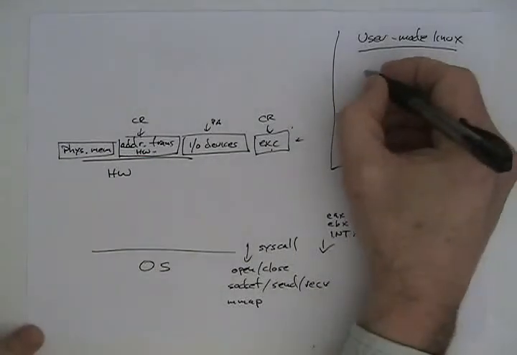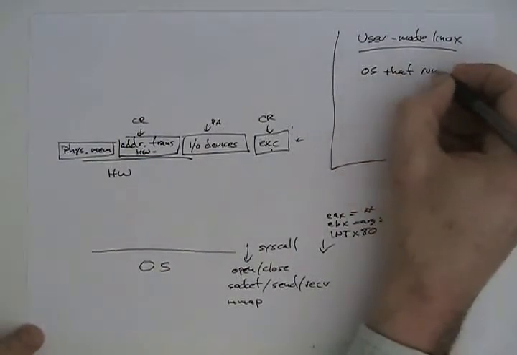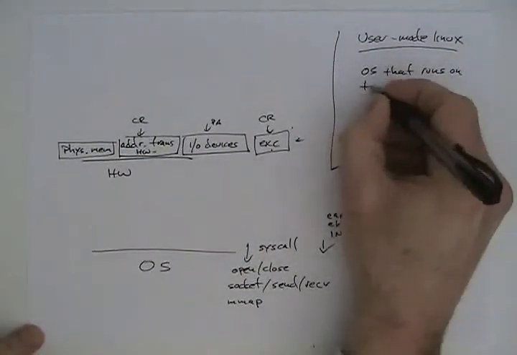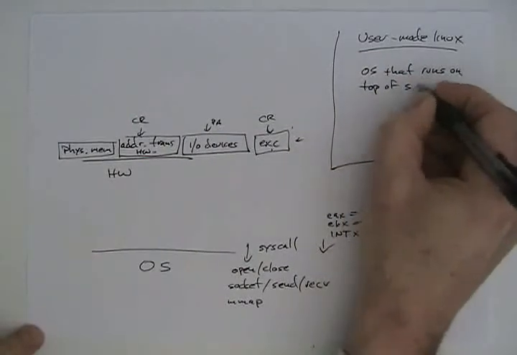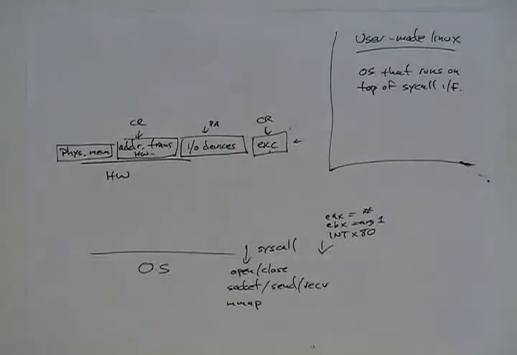And that is, in fact, an OS that runs on top of the syscall interface. It's complicated and slow. It turned out user mode Linux was a useful thing, so they've added support into the operating system to be able to run it more efficiently.